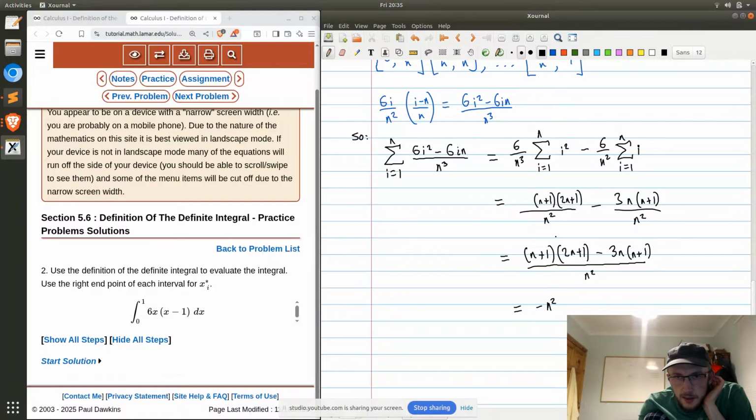So minus n squared. 2n add n, so 3n. And then 3n take 3n is nothing. And then 1 just by itself.